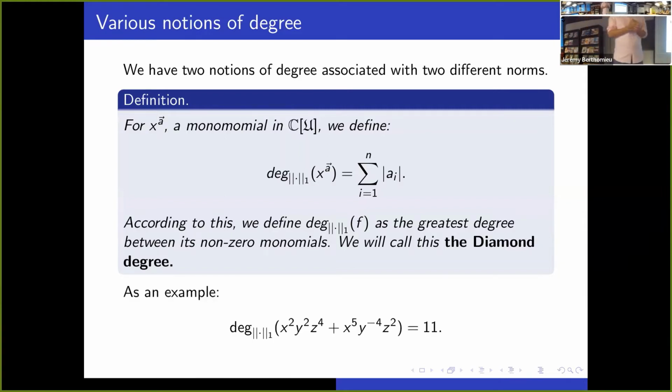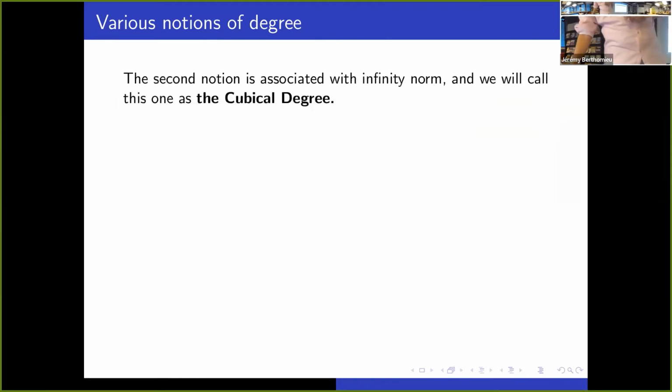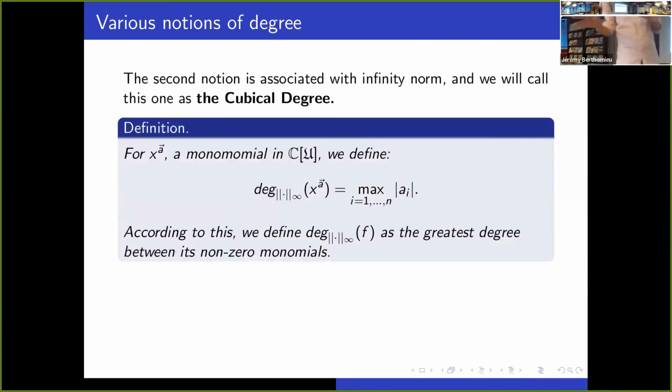So as an example, the diamond degree of this polynomial is equal to 11 because the second monomial is 5, 4, and 2. 5 plus 4 plus 2 is equal to 11. The second notion is associated with the infinity norm, and we will call this one the cubical degree.